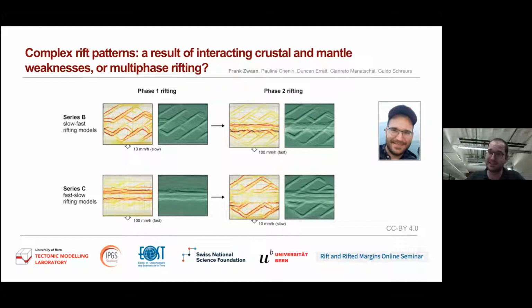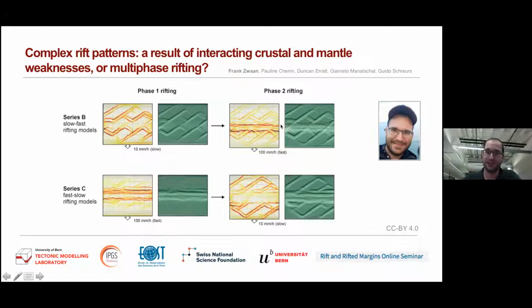And what you can see here in this first figure is already a bit of a snapshot of the main results. And you will later see this as well. These are top views of models where we have these yellow, red images showing where faults are active, and the greenish images are showing where topography is being developed, where basins are forming. And as you can see, we have very complex, or relatively complex at least, structures.